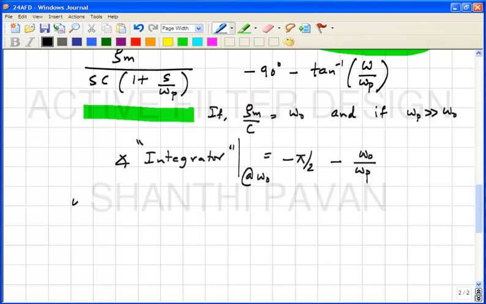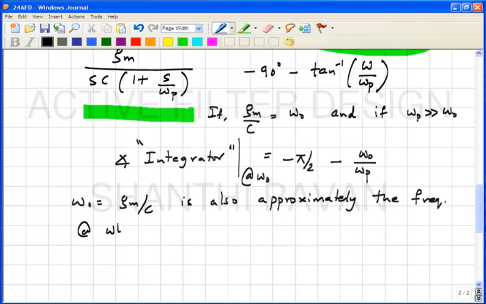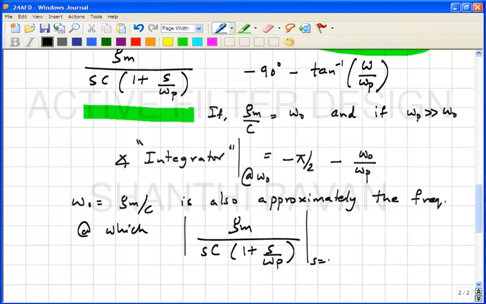Omega naught, which is Gm by C, is also approximately the frequency at which the magnitude of the integrator is 1. Correct?